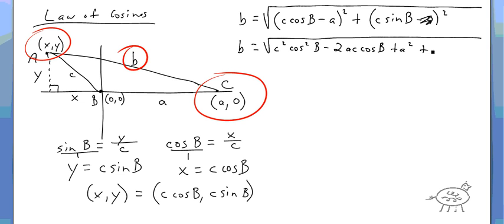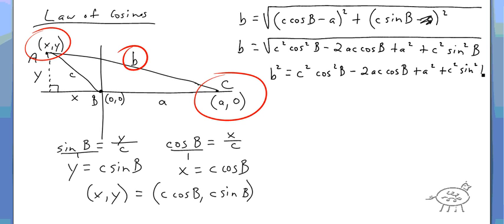That's just plus c squared sine squared of b. Okay, so that's everything simplified. And then I'm going to square both sides, which makes it a little bit simpler. So b squared equals, that gets rid of the square root, c squared cosine squared of b minus 2ac cosine of b plus a squared plus c squared sine squared of b.